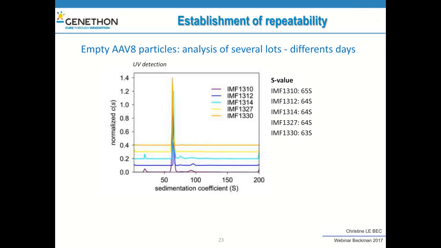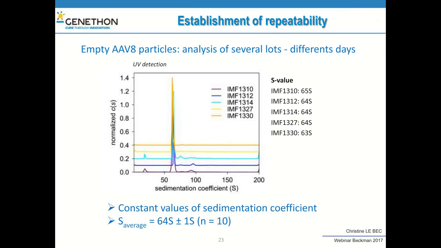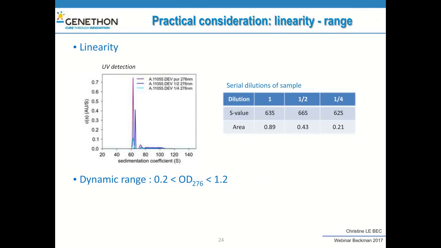The S value is around 63 to 65, which is very similar, and we have a constant value. We ran this for 10 independent experiments. We have an average S value around 64, plus or minus 1 S. So we have a very nice repeatability of the experiments.